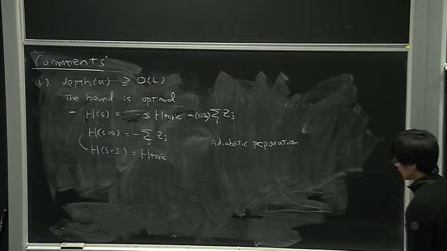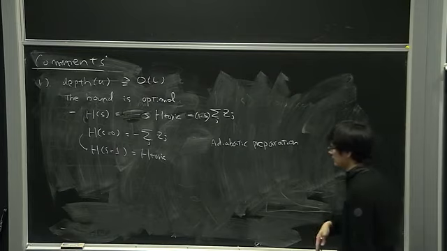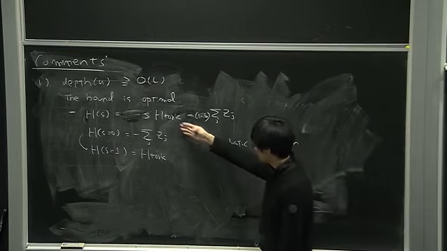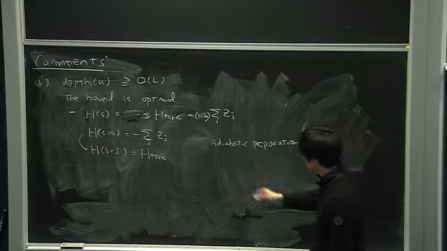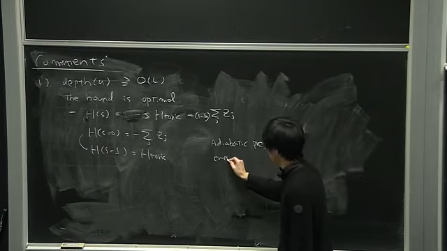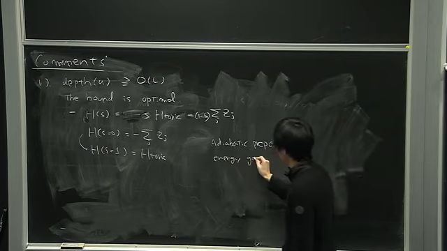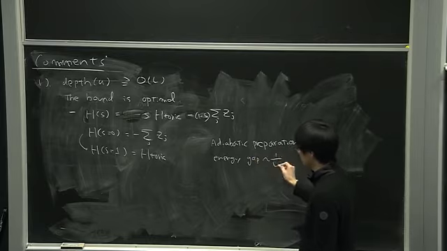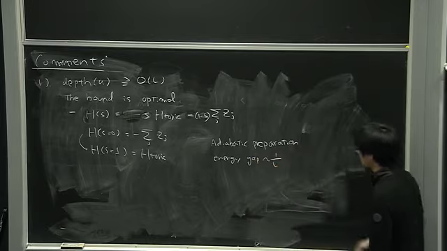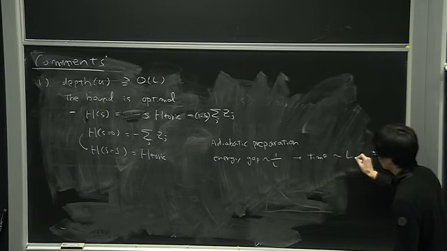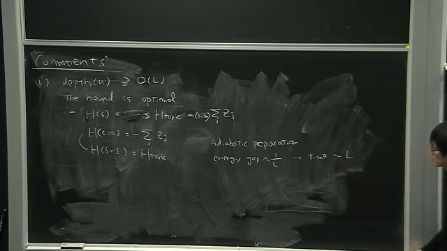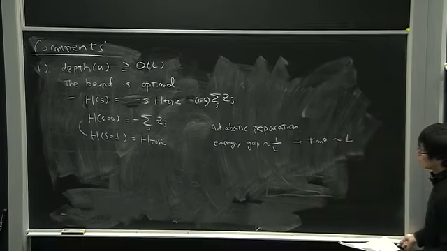The hand waving argument is that this model goes through a phase transition and the energy gap goes like 1 over L, and therefore the time. Actually, a linear interpolation wouldn't work. You need to do it very carefully, but the time scale would be L. So that's kind of the hand waving argument.